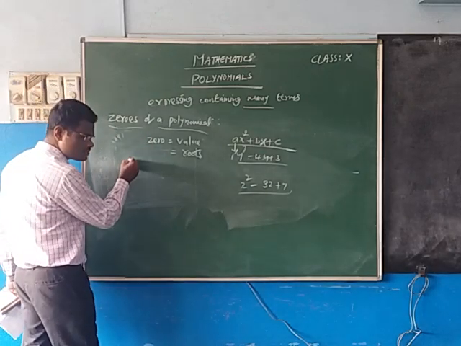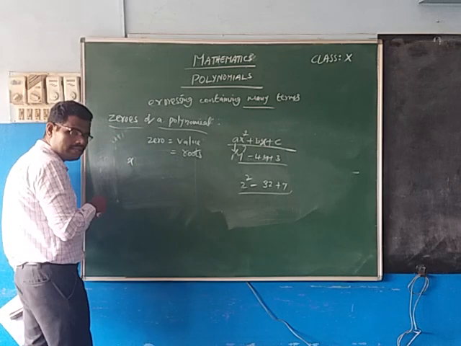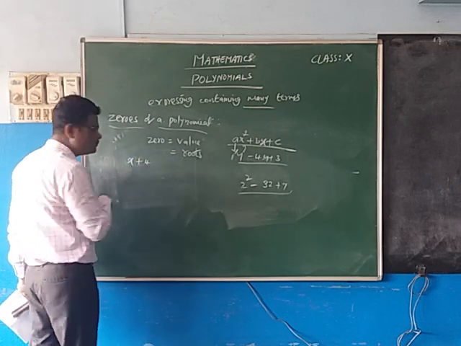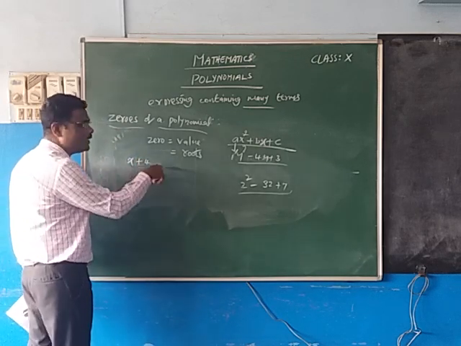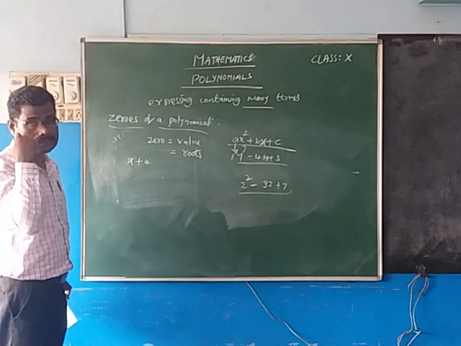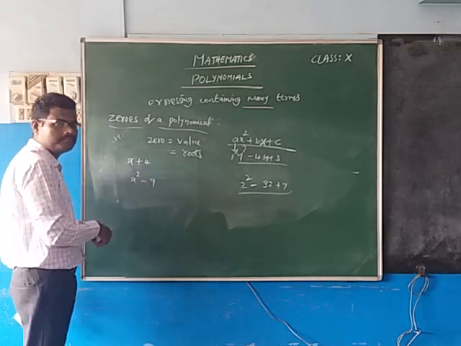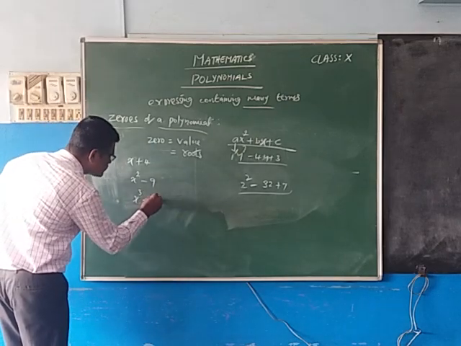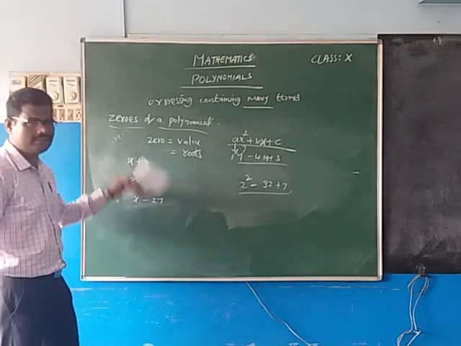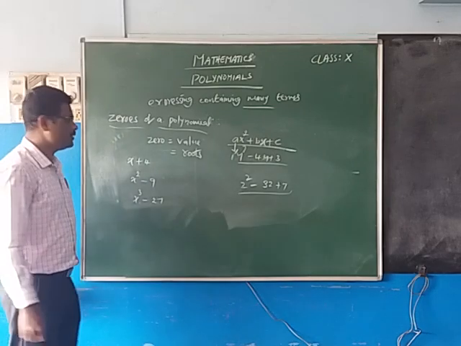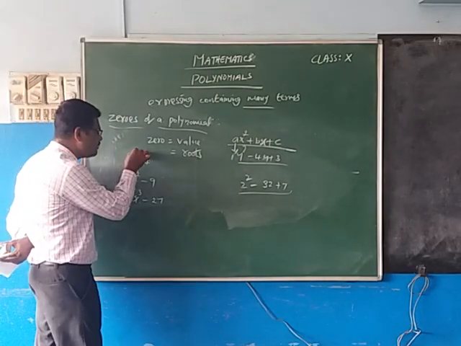Suppose the polynomial is x plus 4. x plus 4 has how many values? For example, x square minus 9, x cube minus 27. Already I have written the same examples. So what is the power of x here? 1.